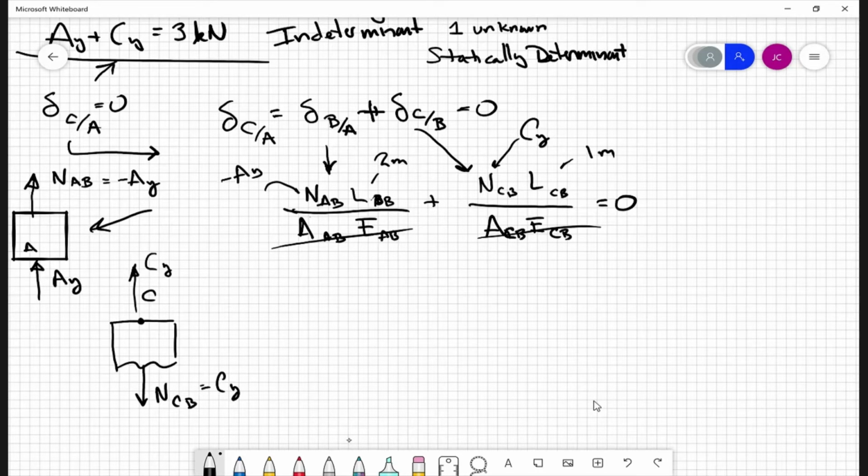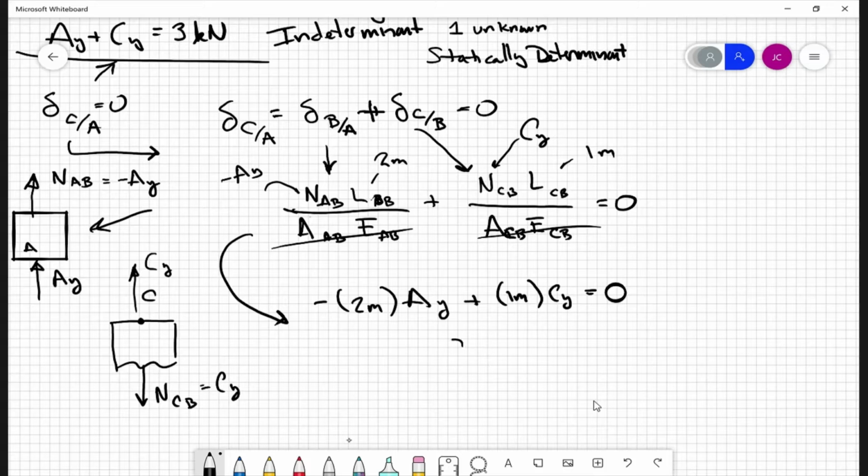So that now gives me this compatibility condition as follows. Minus 2 meters times AY plus 1 meter times CY equals 0. I can divide through by meters, but basically you can get that CY equals 2 times AY.